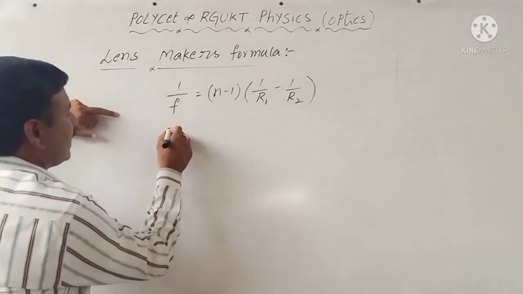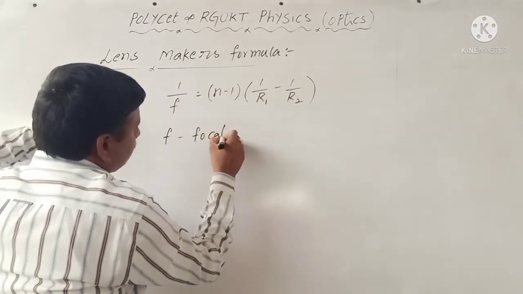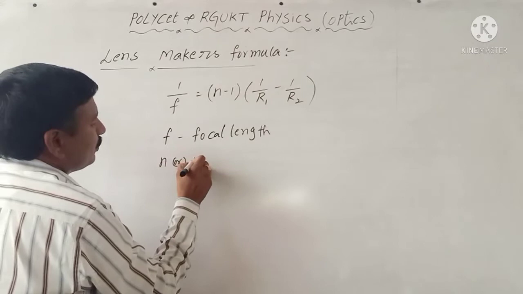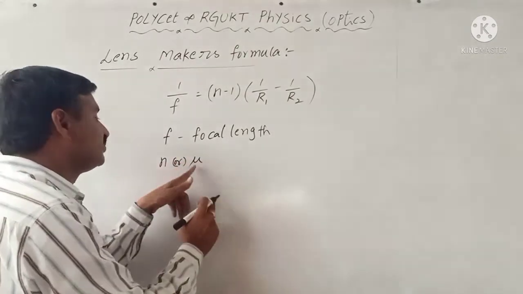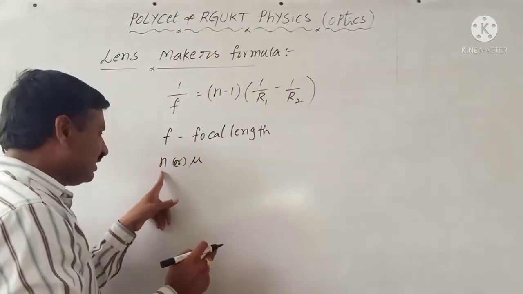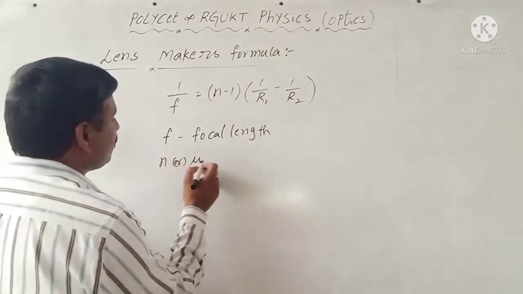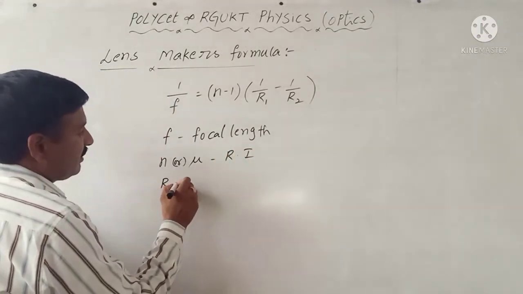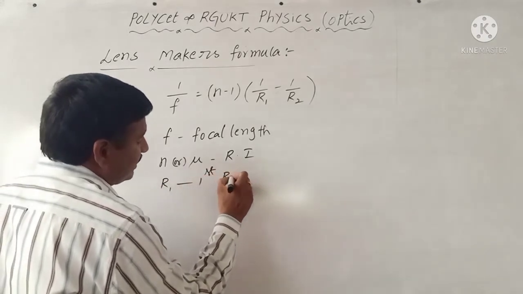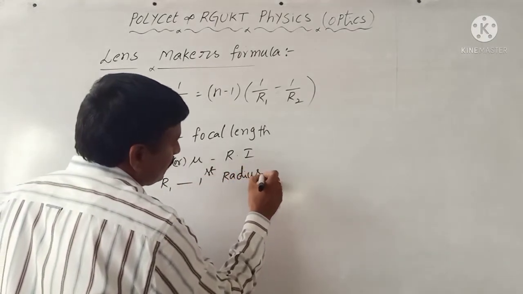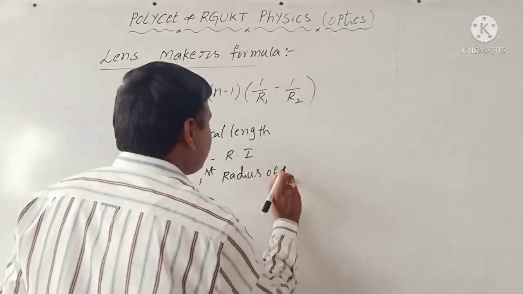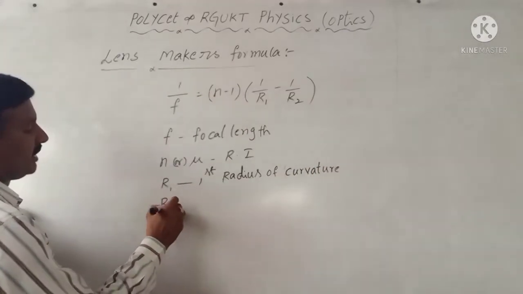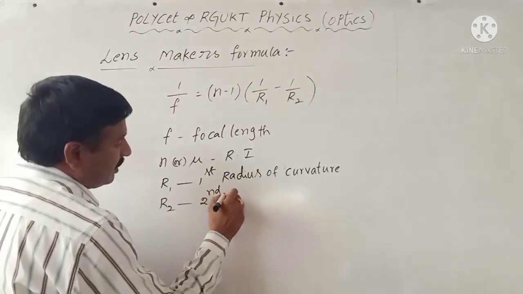Here also f is the focal length, and n or mu is the refractive index. In intermediate studies, mu is the symbol denoting refractive index; in 10th class, n means the refractive index.